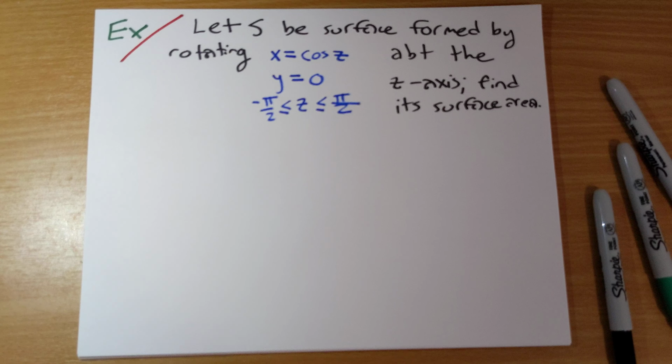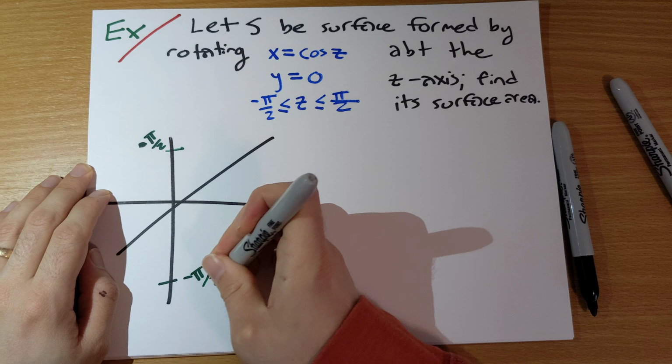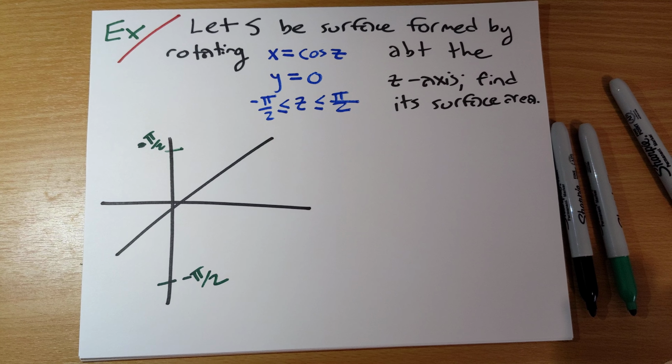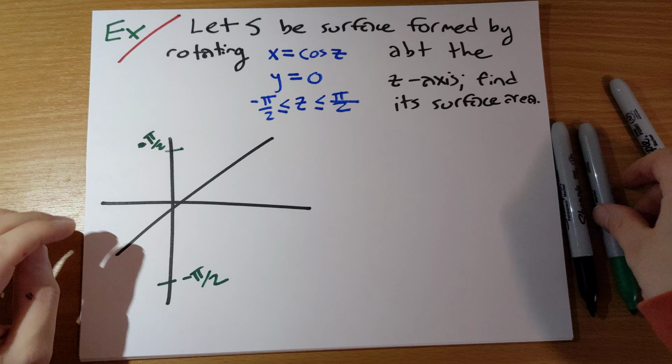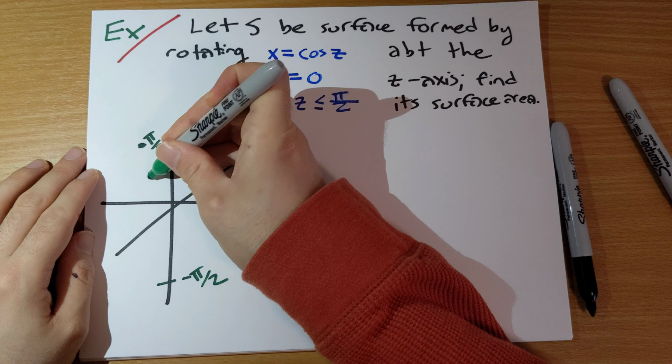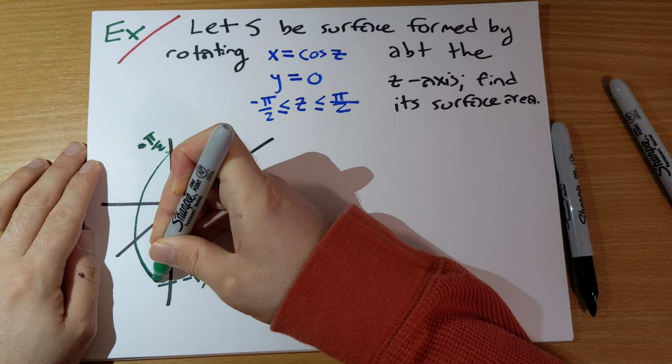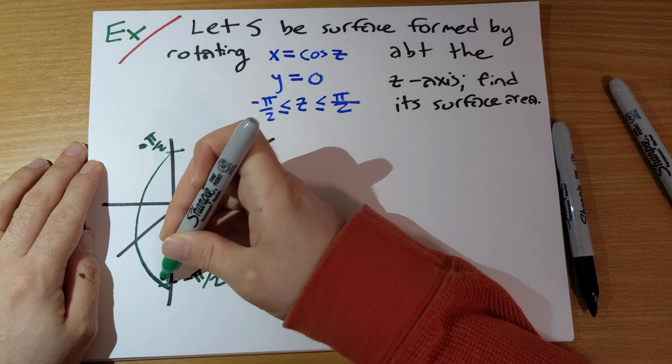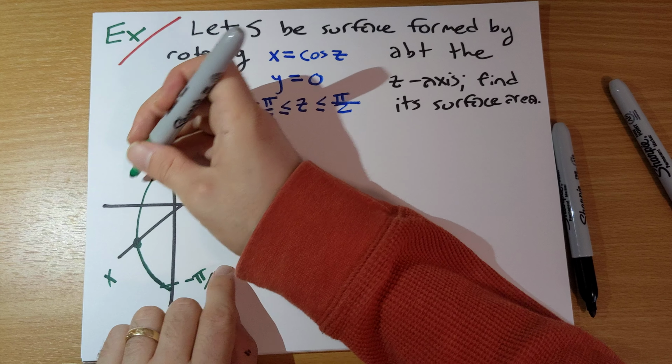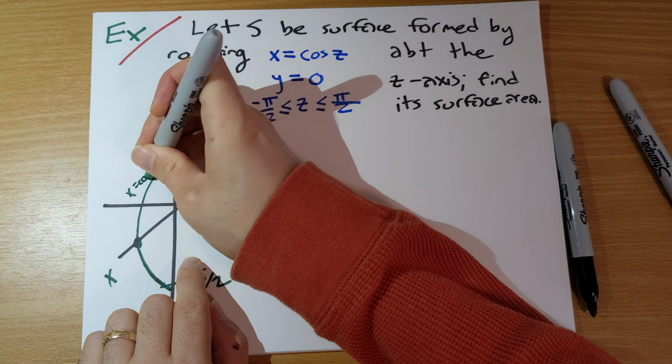Z runs from negative, that should be positive pi over 2, down here is negative pi over 2. And then x is cosine of z. And so we have this curve here. Here's our x-axis, here's our y-axis. So this is the curve x equals cosine z.